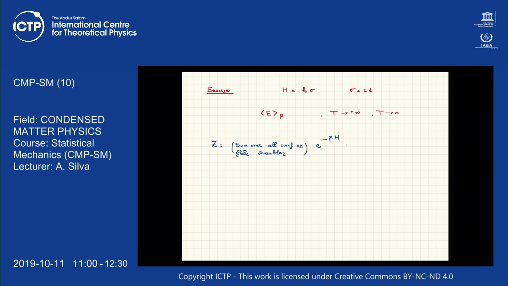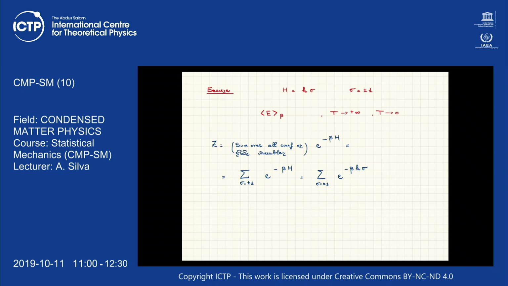So, for this particular case, this is going to be equal to the sum over sigma equal to plus and minus 1 of e to the minus beta H, in other words, the sum over sigma equal to plus and minus 1 of e to the minus beta little h times sigma.